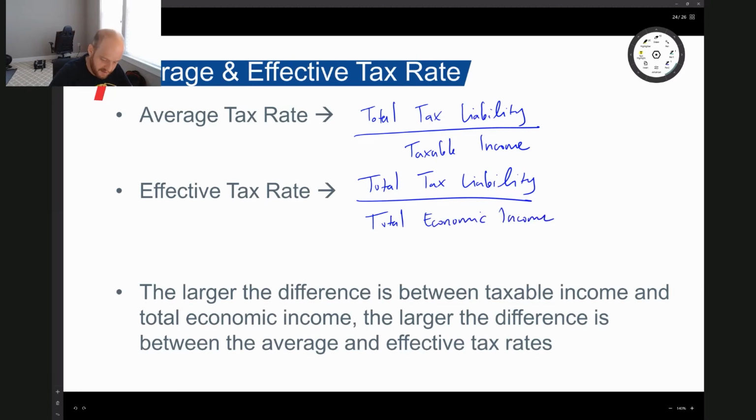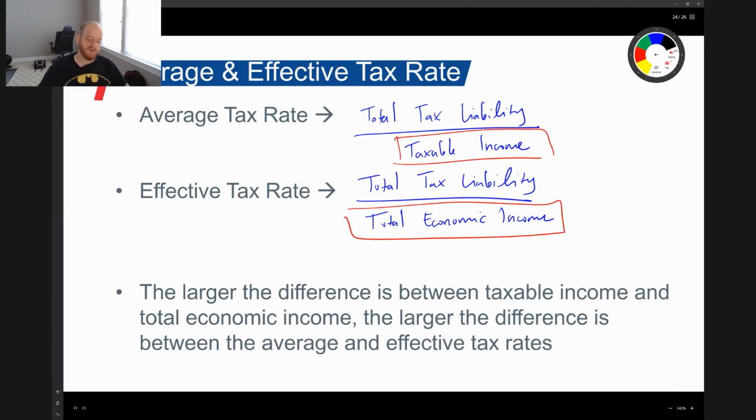And as you can see, the difference between these two tax rates is what we use as the denominator. So we'll illustrate this with an example, but one is your total tax liability, how much taxes you owe over what was your taxable income, and the other is how much taxes you owe over your total income.